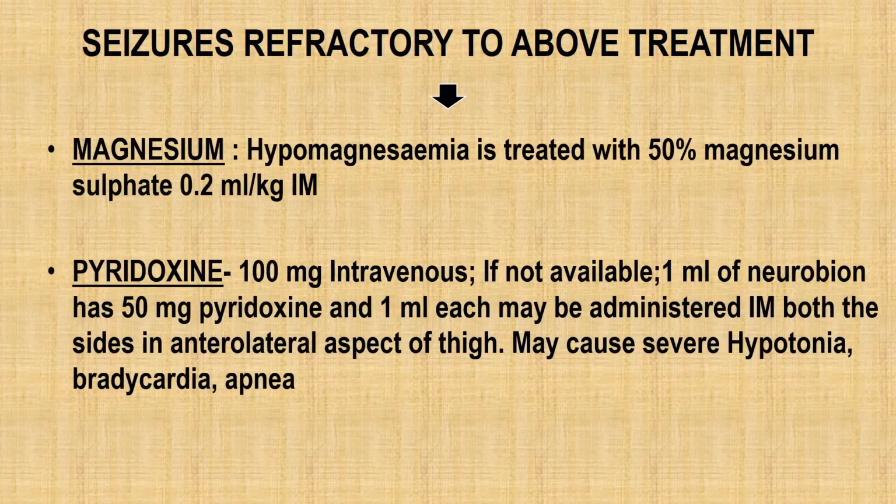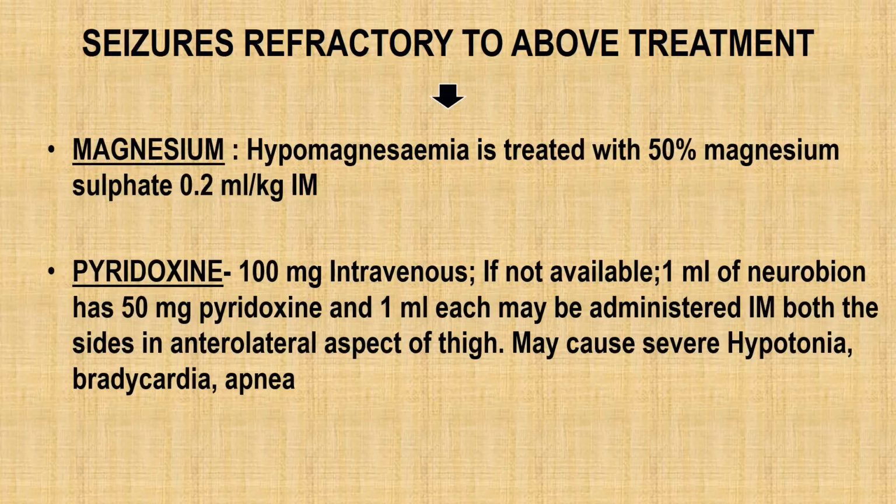Rarely the patient may have pyridoxine deficiency or a congenital defect in pyridoxine metabolism. We say pyridoxine dependency. In this, 100 milligram intravenous pyridoxine can be given.